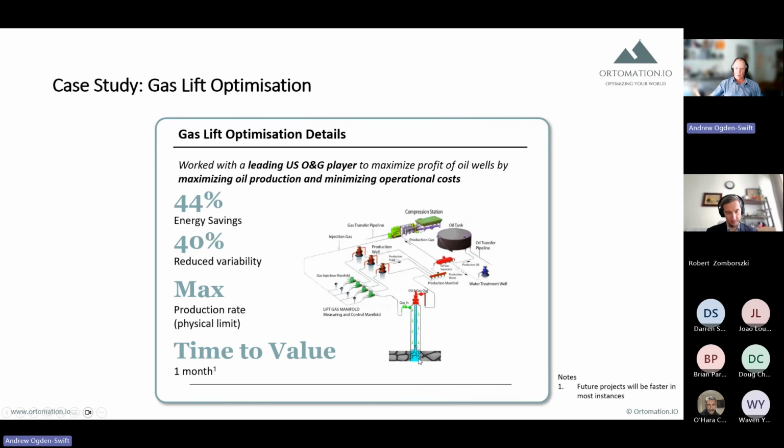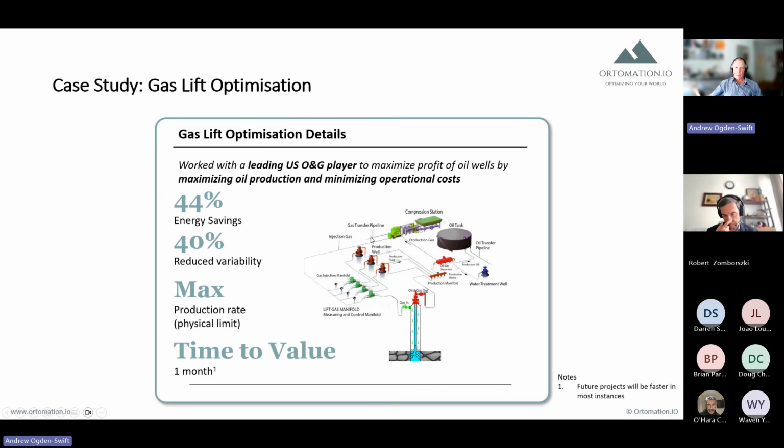So basically what you've got is oil in a rock structure that's been fractured, and you've got a riser that comes up and goes into an oil and gas separator. The oil goes off to a tank, the water goes to water treatment, and the gas goes to a compressor.